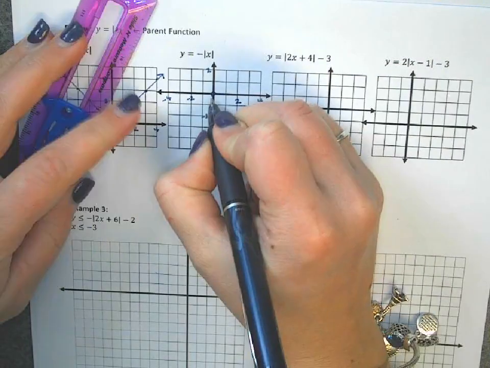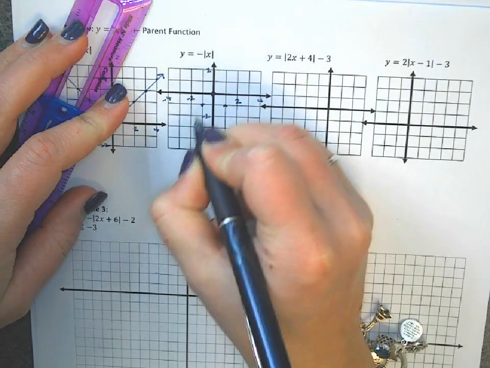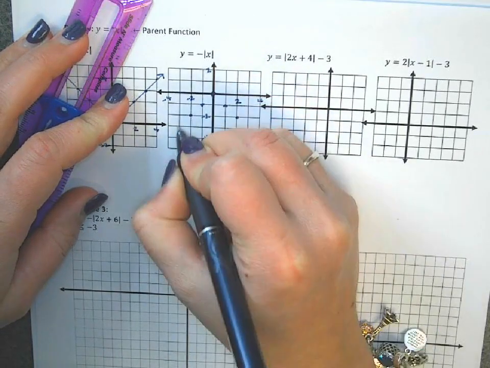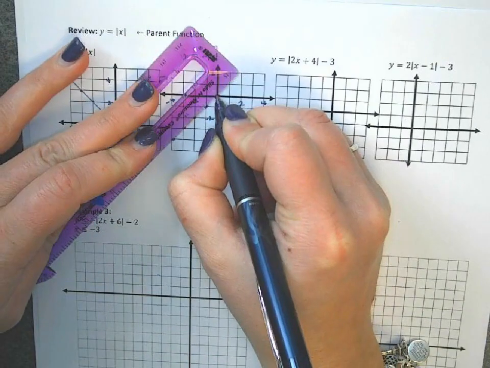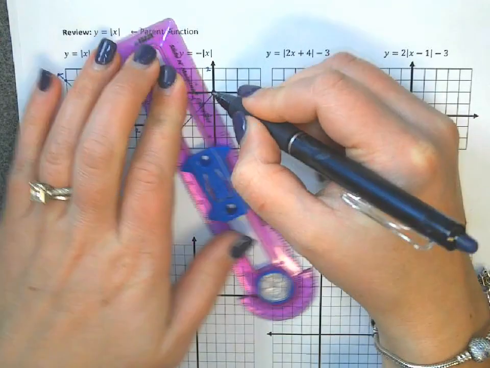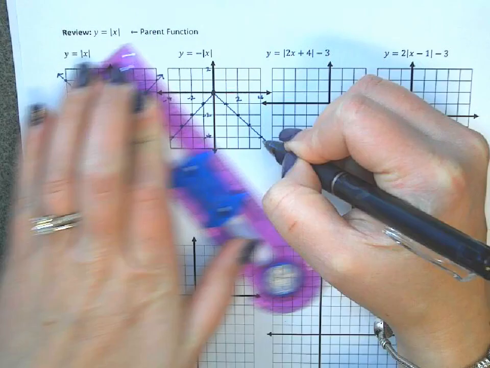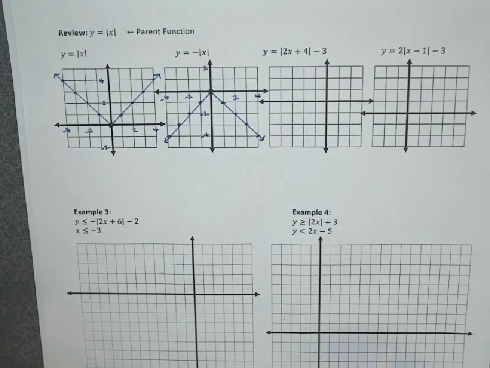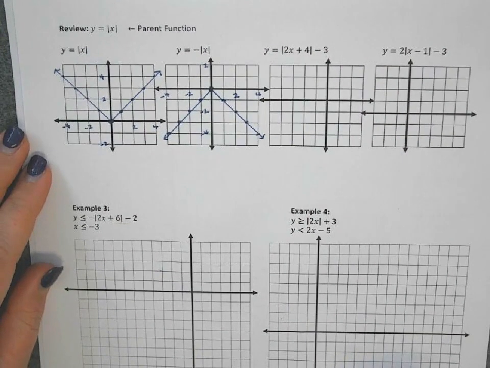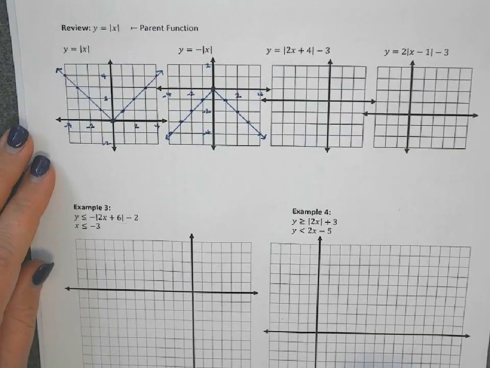And it's going down 1, out 1, down 1, out 1. Until you run out of graph. Use a straight edge, connect them, and you have y equals the negative, or the opposite of the absolute value of x.